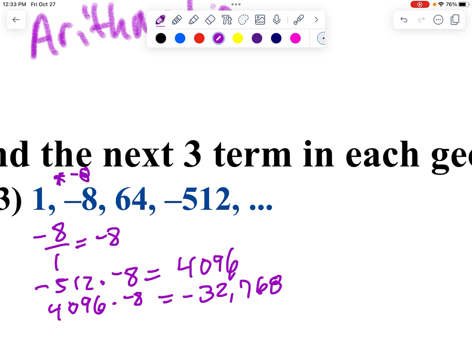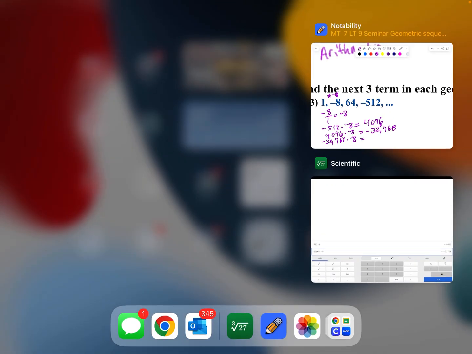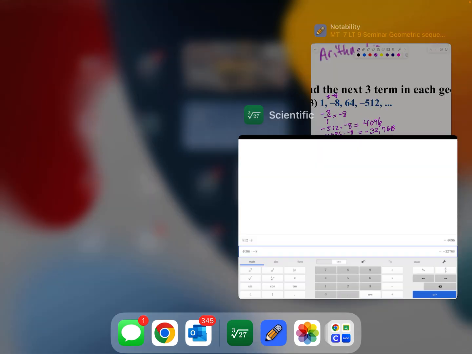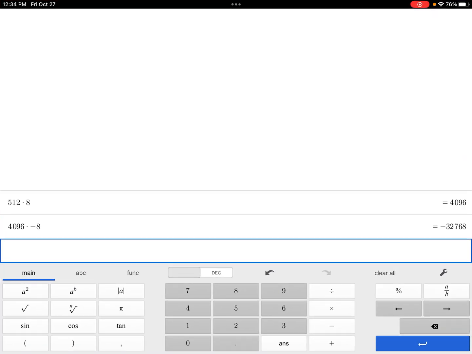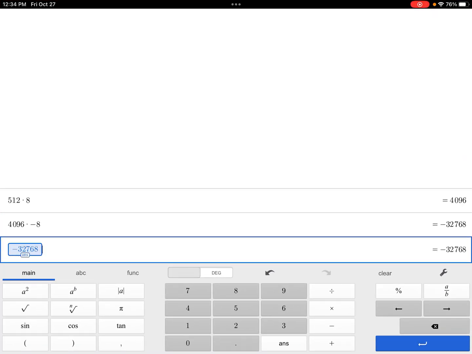And then finally, to get my third term, I'll take negative 32,768 and multiply that by negative 8.